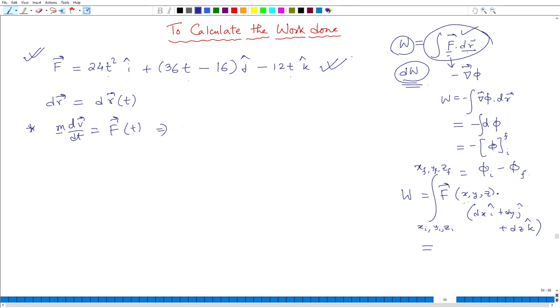For constant m, v will be simply given by the integral of F(t) dt, and here we exactly will use this fact.